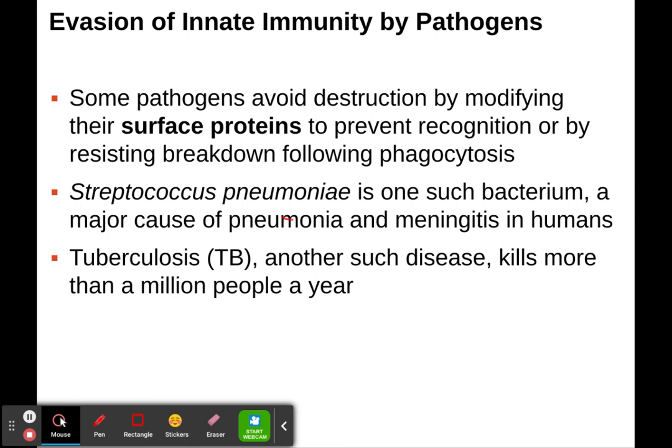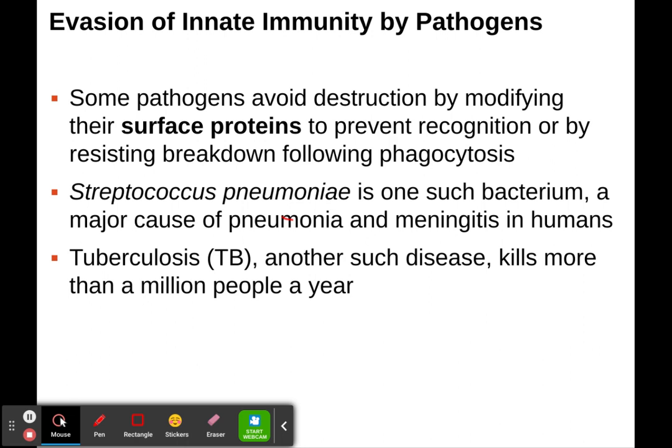Streptococcus pneumoniae, let's just call it pneumonia, is an example. It's a bacterial infection, as well as meningitis. Meningitis is an inflammation of the lining, the layers of the brain. And obviously, brain infection is one of the worst ones that you can have.